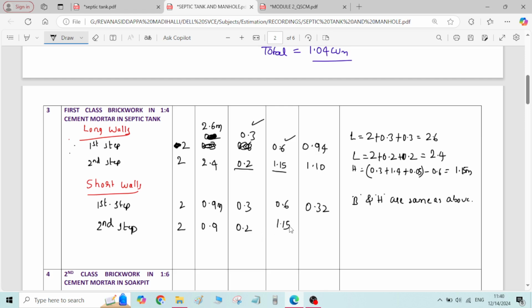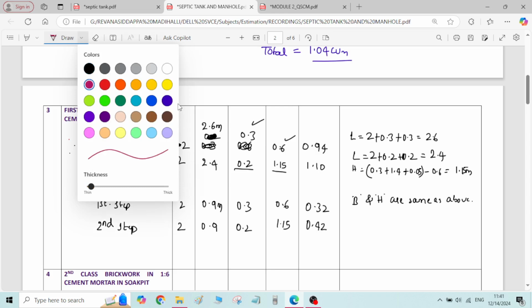Width and height remain the same. Inner dimension only you need to take, because along the long walls we have already considered outer to outer dimension. Therefore the quantity that you get is 0.42 cubic meter.